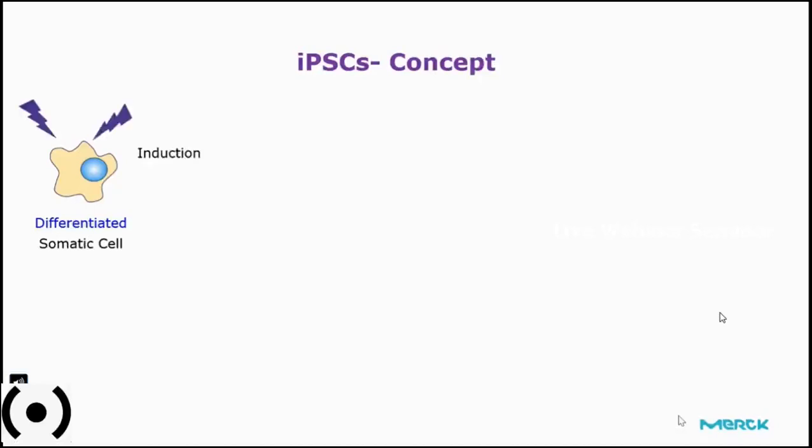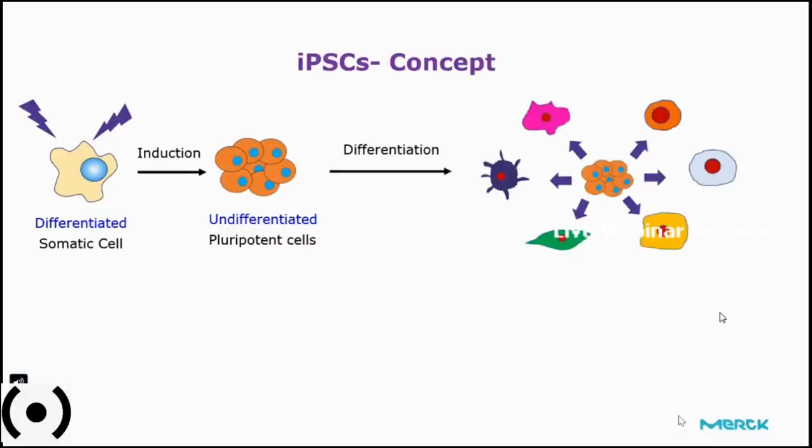Just deliver these four factors and they will convert into undifferentiated cells, and pluripotency will be triggered in them. Those cells are known as induced pluripotent stem cells because they have characteristics of embryonic stem cells. Now if you provide the right environment, they can differentiate into all your body cells, like embryonic stem cells.